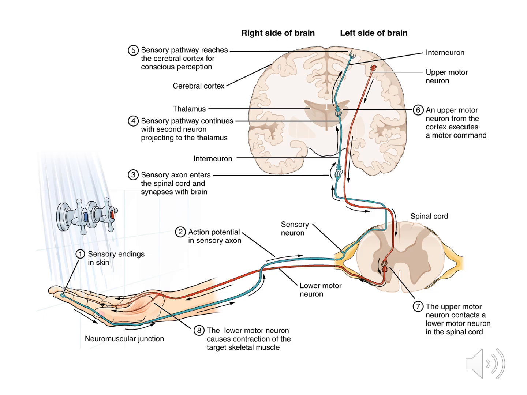Now, we've already looked a little at the motor pathways, when we were talking about the spinal cord. Remember, we were talking about the upper motor neuron and the lower motor neuron, and we said that the lower motor neuron was part of the somatic nervous system. So now what I want to do is look more at the sensory part of the somatic nervous system.